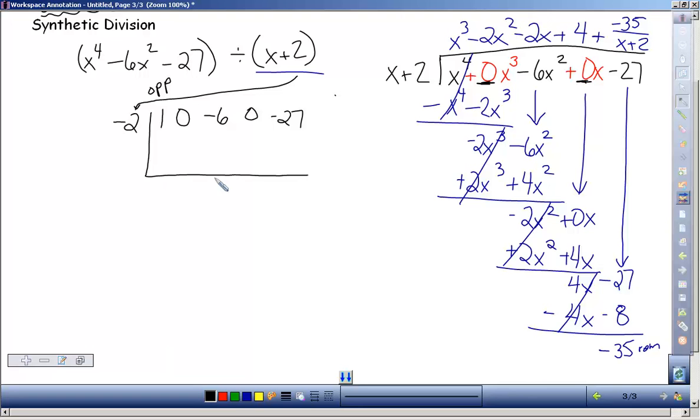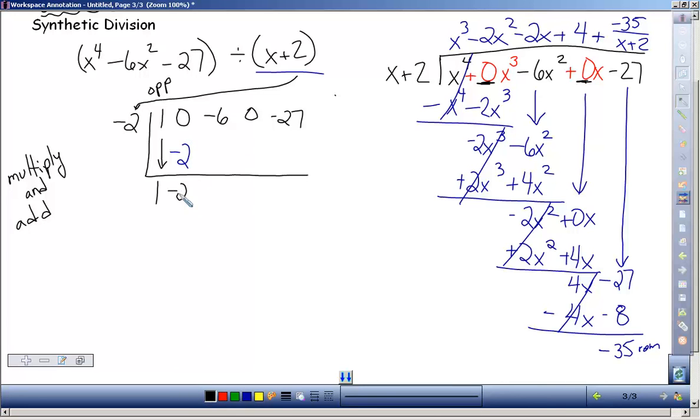And then it is just a matter of following a simple procedure of dropping down the first number. You're not going to change it. And then we are going to multiply and add. We're going to repeat, multiply and add over and over and over again. So drop the 1, and I'm going to take this outside number. You're always multiplying by this outside number. -2 times 1 is -2.